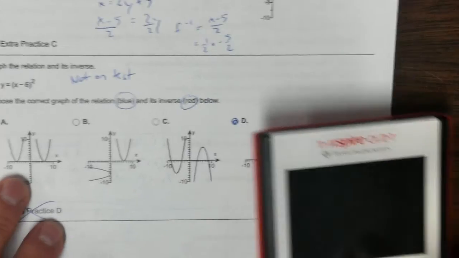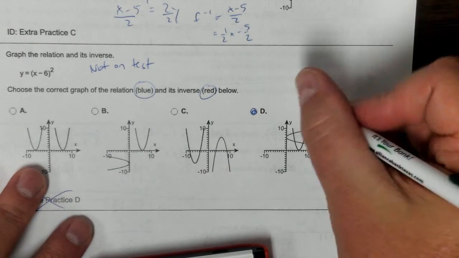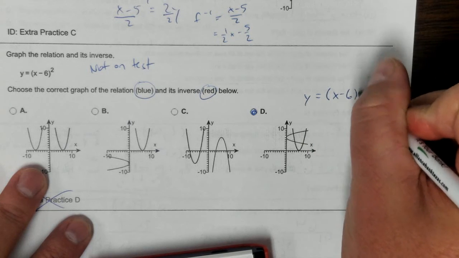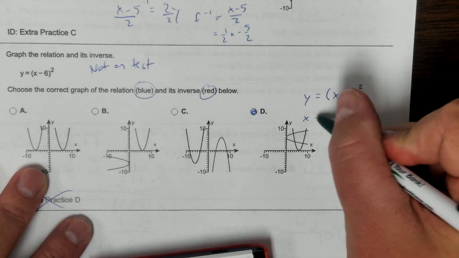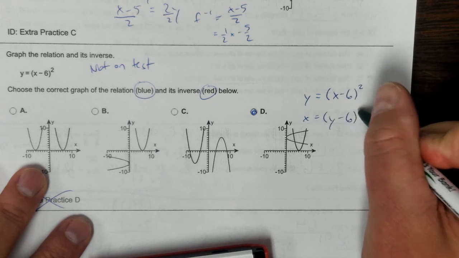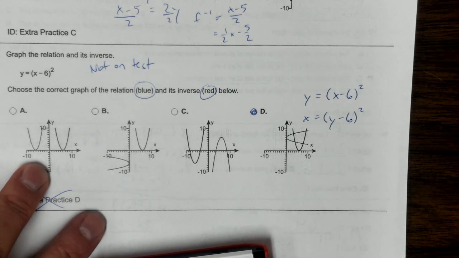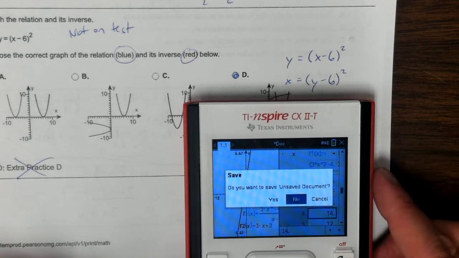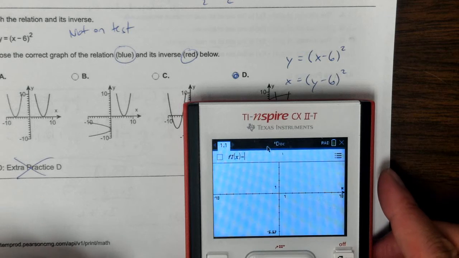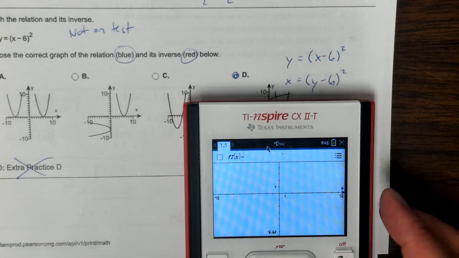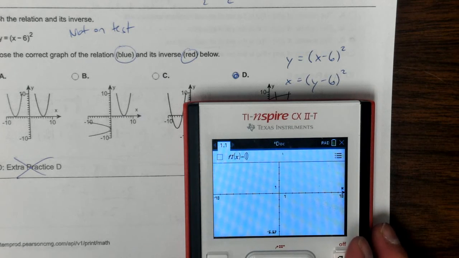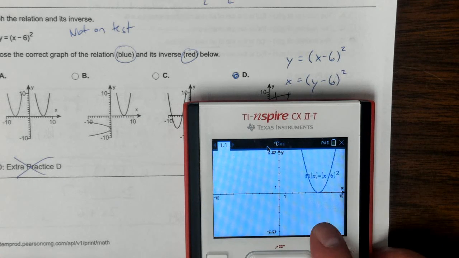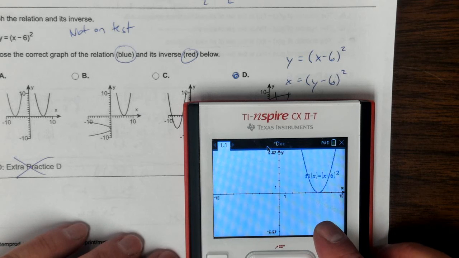So basically, just let me show y'all something real quick. If you have y equals x minus 6 squared, then x equals y minus 6 squared. So I'm going to have a new document, add graph. Function 1 is going to be x minus 6 squared, which is there. Now watch this.